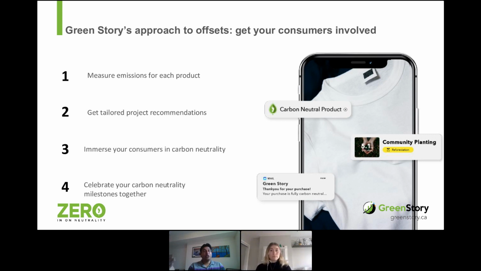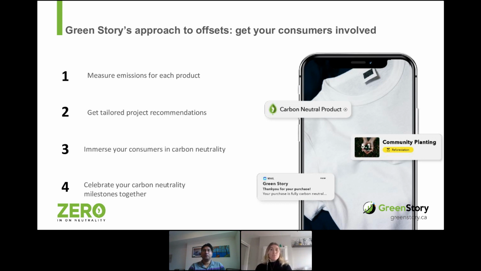The third thing is we integrate with your e-commerce or your in-store system so that we can immerse your consumer with the accurate details about carbon neutrality and the offset projects while they shop. And finally, we celebrate the carbon neutrality milestones as they happen month after month with your customers to make sure that we are on track to achieving our goals, reducing our emissions, and achieving our 2030 targets. Which is exciting and awesome.